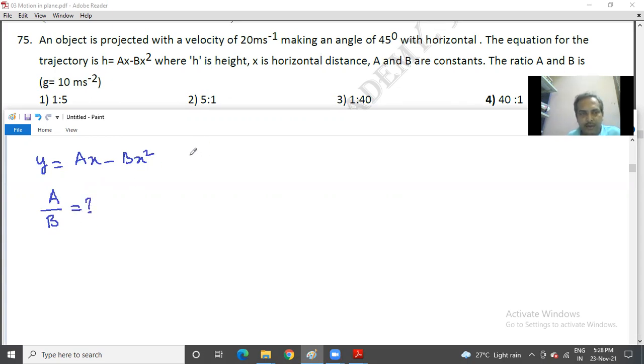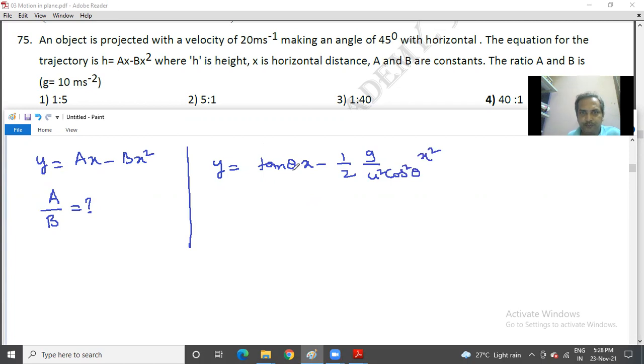Now once you get back the equation of trajectory, just now in the previous video we discussed, y is equal to tan theta into x minus half g by u square cos square theta with x square.